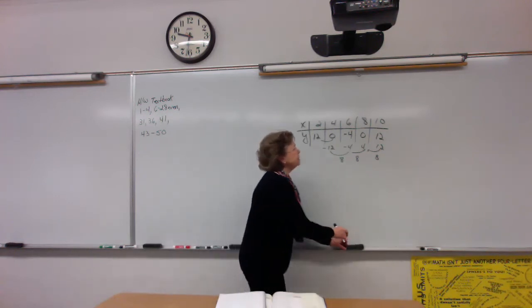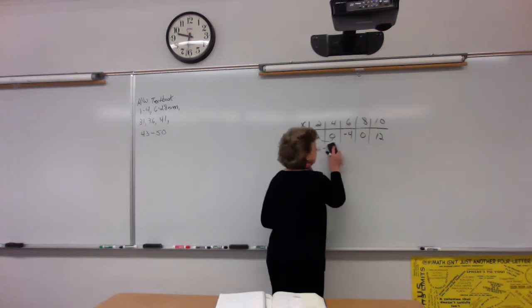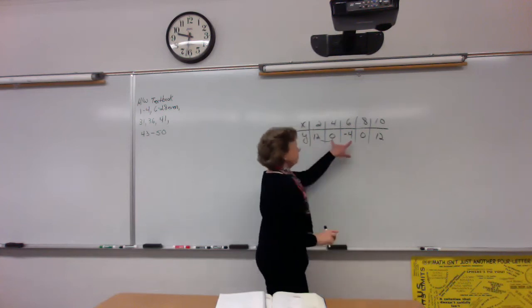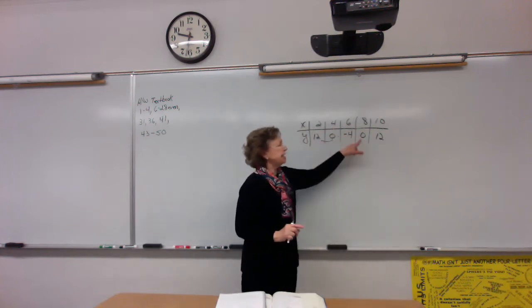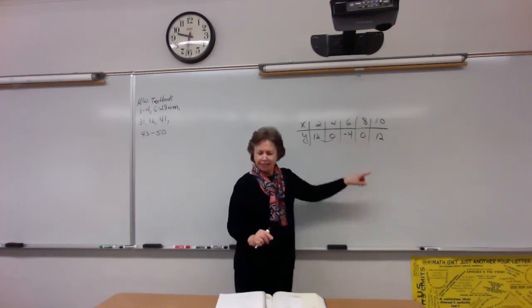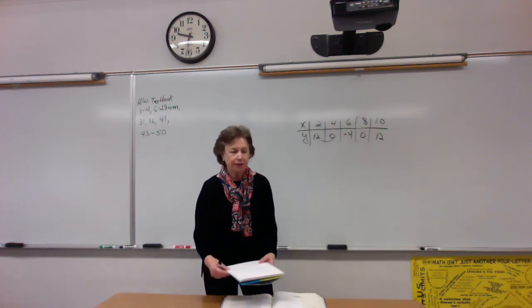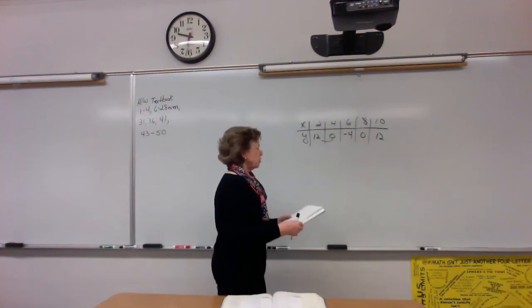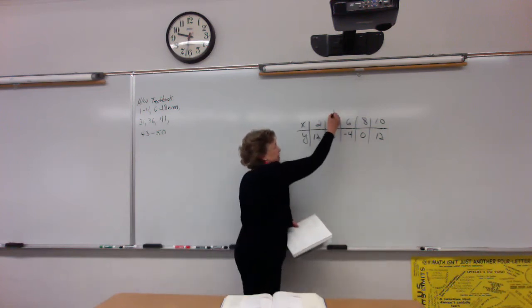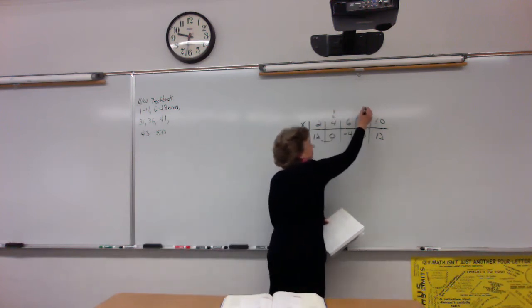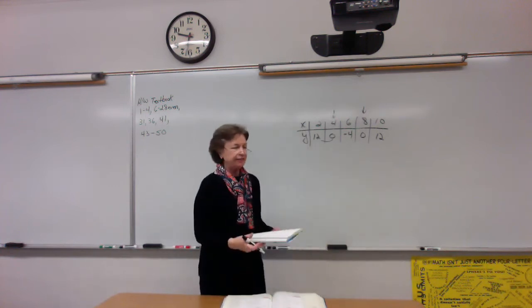The other thing we know when we're looking at our data points, what do I have? 4, 0, and 8, 0. Do I have x-intercepts? I hope that you see that we do. So I'm going to use those intercepts. Remember, those are the same thing as the zeros of a function.